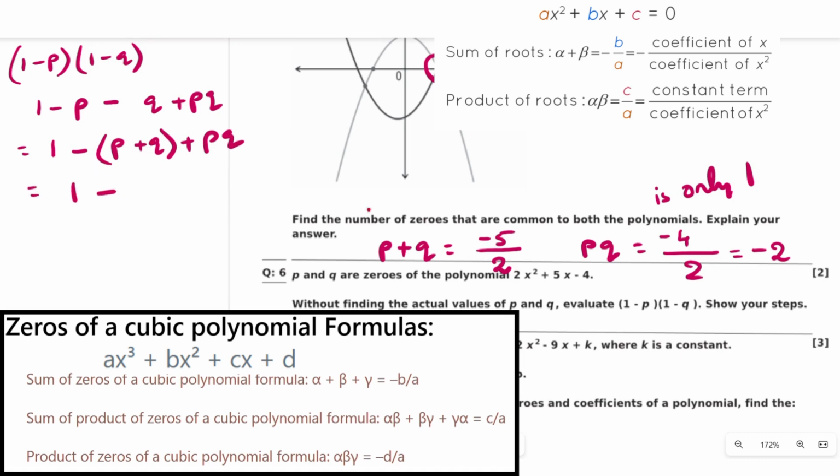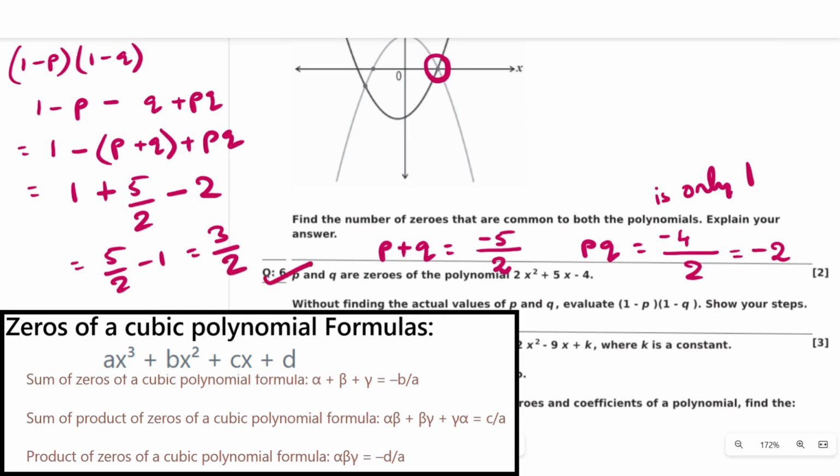So in place of P plus Q, I'll put minus 5 by 2. So that makes it plus 5 by 2. And in place of PQ, I'll put minus 2. 1 minus 2 is minus 1. And 5 by 2 minus 1 gives me 3 by 2. So we are done with question number 6.